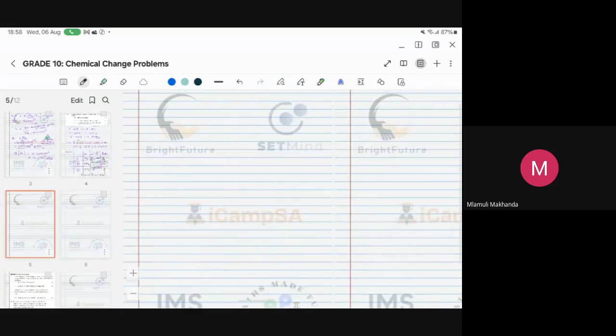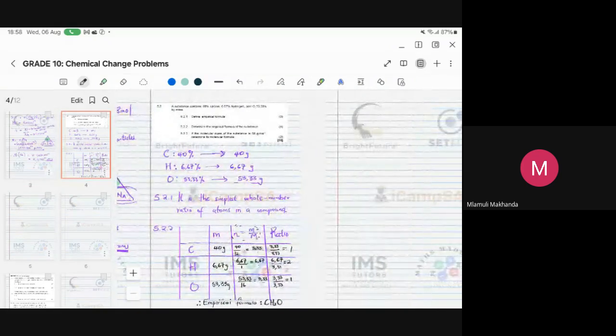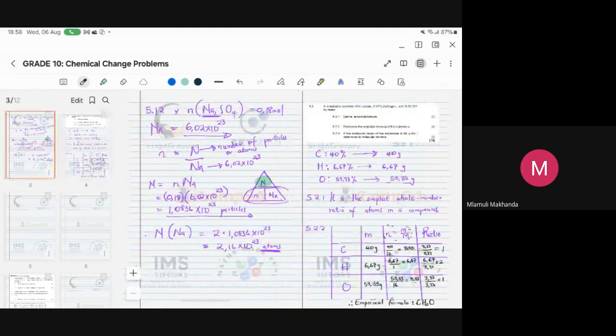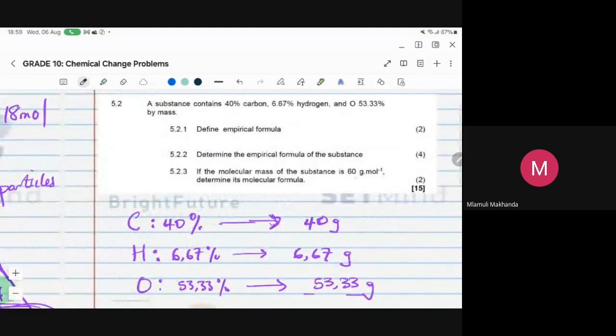If the molecular mass of the substance is 60 grams per mole, determine its molecular formula.